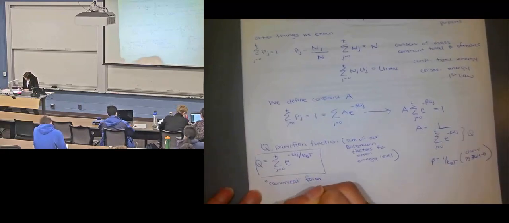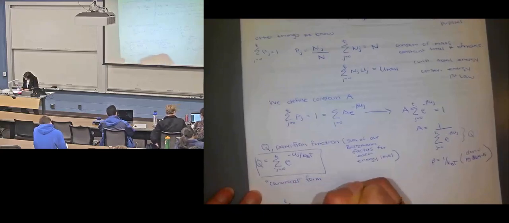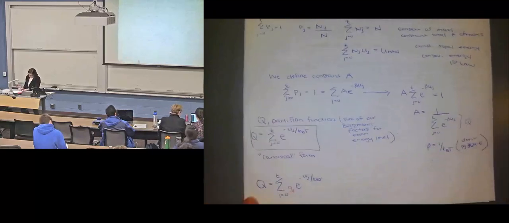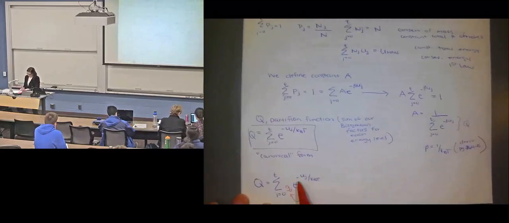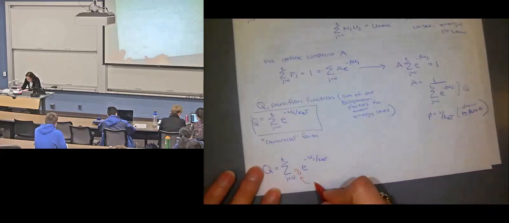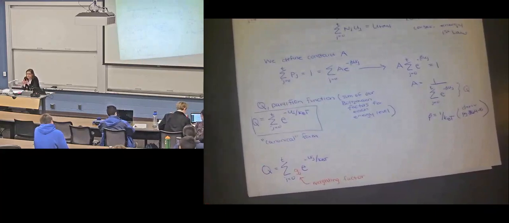The form that we are going to use in this class, it's also the only form given in your book. What we will use, and this is new this year, so I really want you to pay attention to this, a lowercase g sub j, okay? This is a weighting factor. And what it does is basically if there are different ways to be in one energy level, okay?